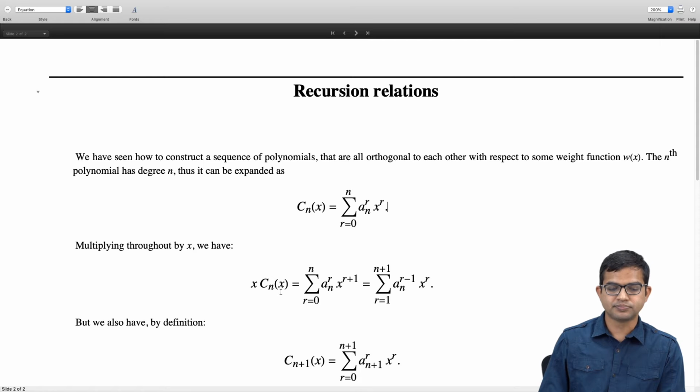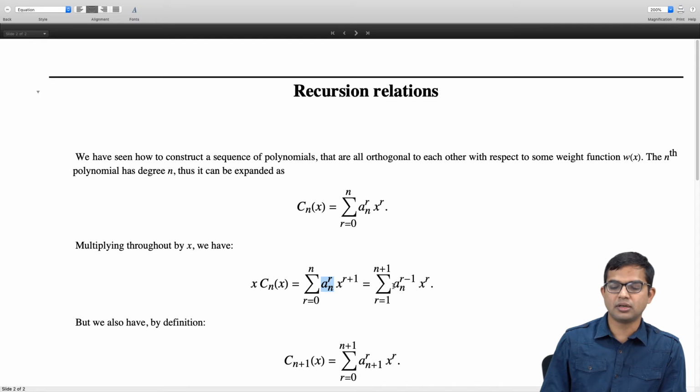So we have x times Cn of x is summation over r going from 0 to n, a_n^r, these coefficients. So this r here is a superscript, not a power, it's just that there are these two parameters associated with these coefficients, right? So a subscript n superscript r and x to the power r plus 1, right?